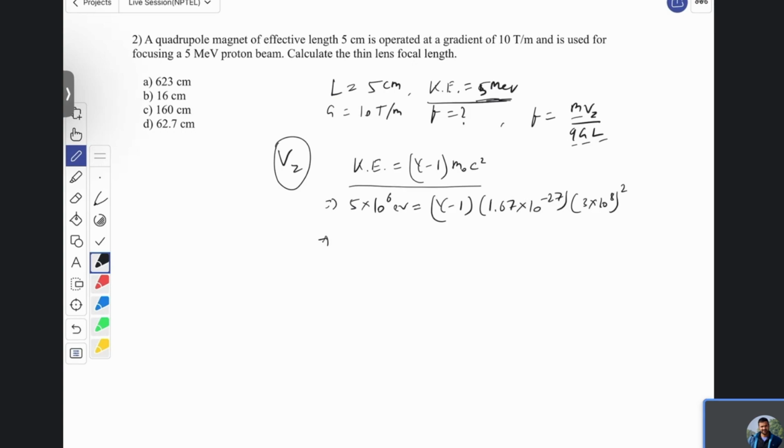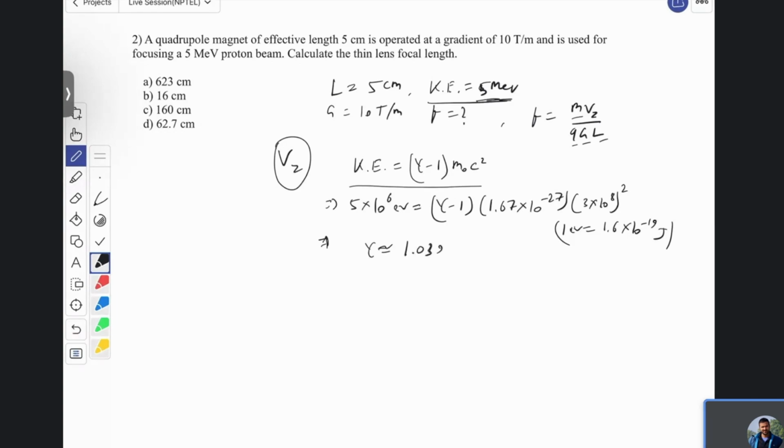So if you solve this, and we know that one electron volt is 1.6 into 10 to the power minus 19 joules, putting everything inside this formula, you can solve for gamma, it will be around 1.03.